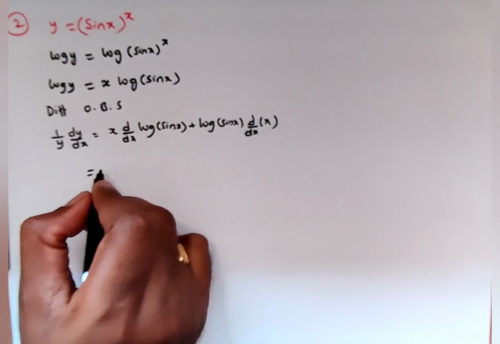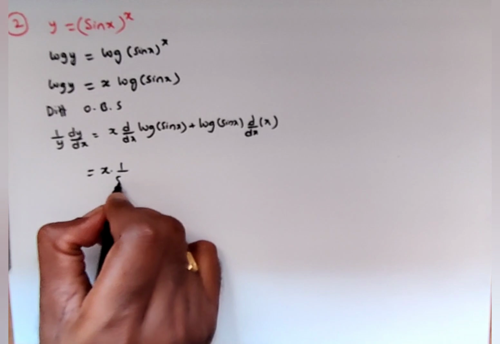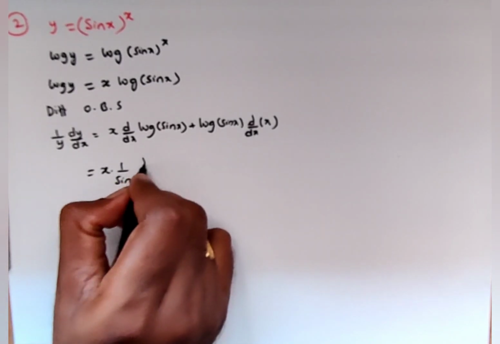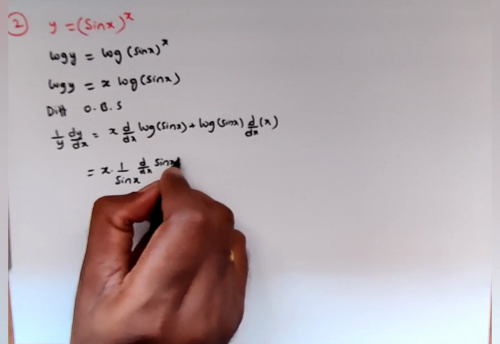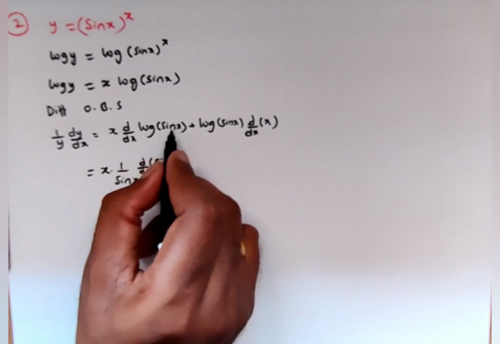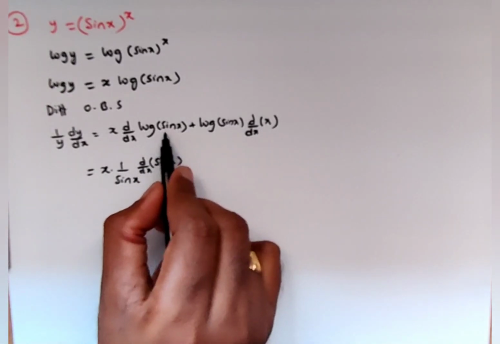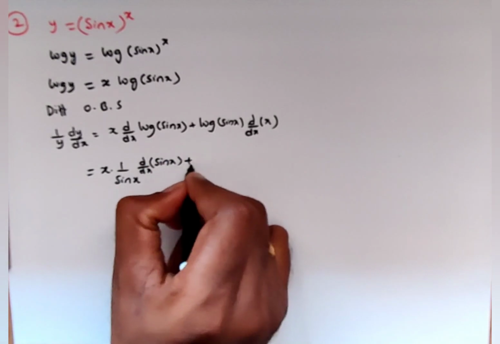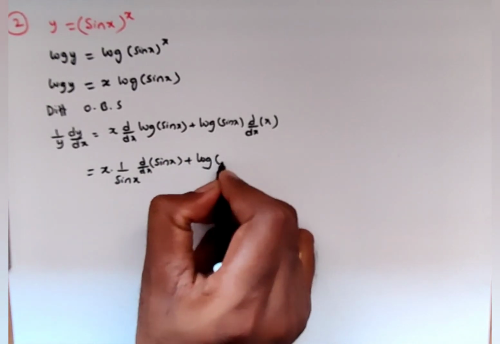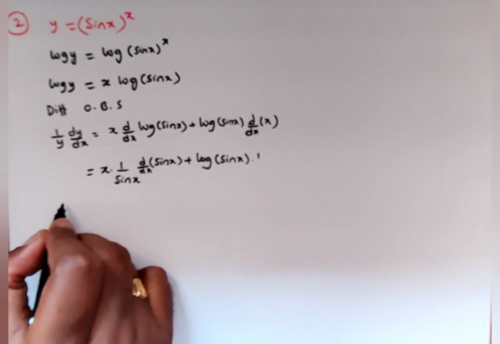Now it is x into the derivative of the log form, so it is 1 by sin x into the derivative of sin x. It is a chain rule: for log of x it is just 1 by x, and if it is x then directly it is 1, but instead of x, sin x is there, so you need to apply the derivative for that inner function. Then plus log of sin x into the derivative of x, which is 1.